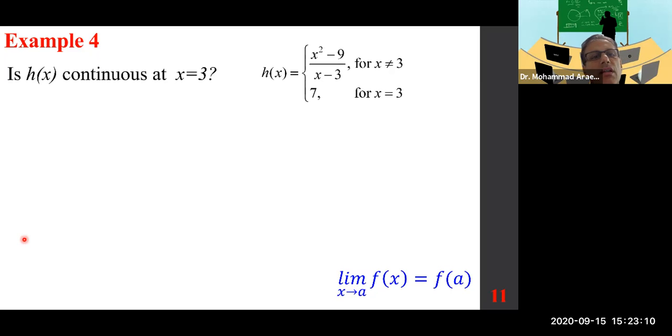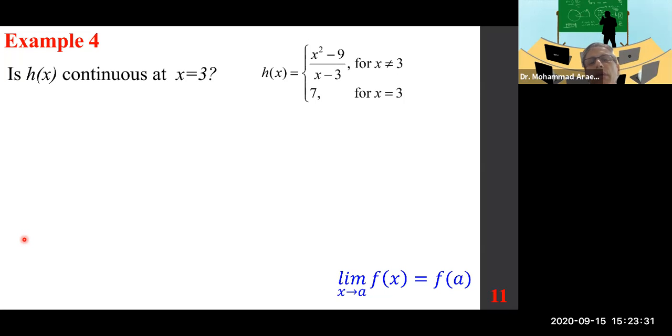Is this function discontinuous at x equals 3? We are seeing the same type of question. So you have to look at the limit from the left and right. You have to look at the functional value, and if the two are identical, then it becomes continuous. So let's find out.